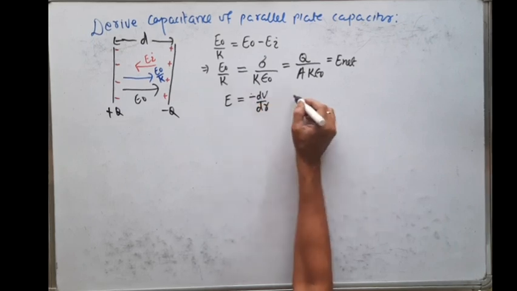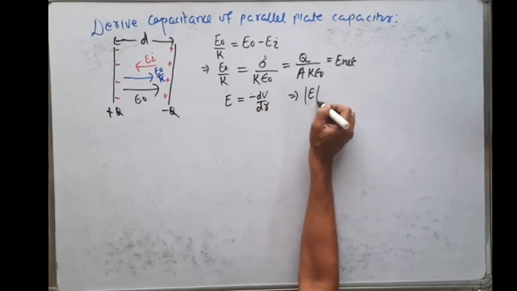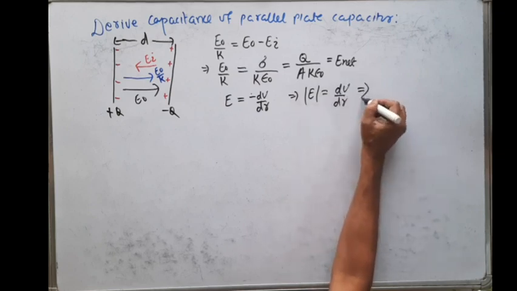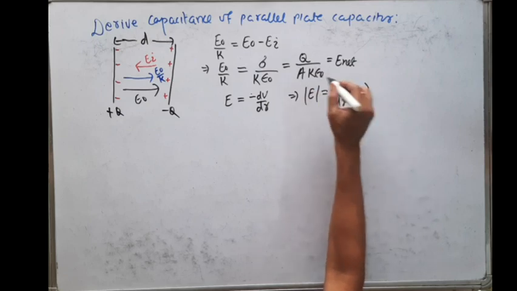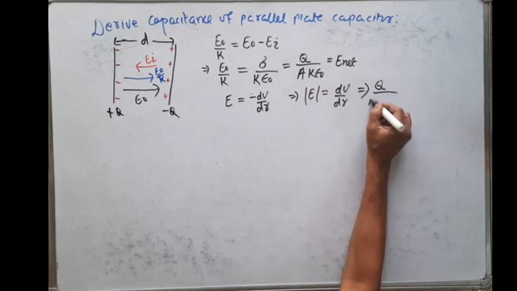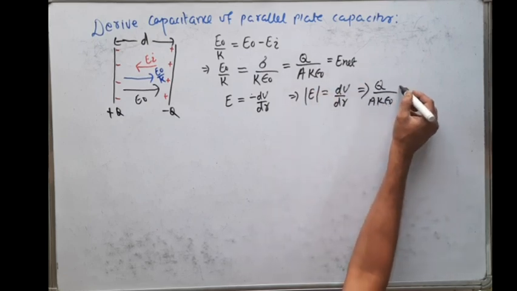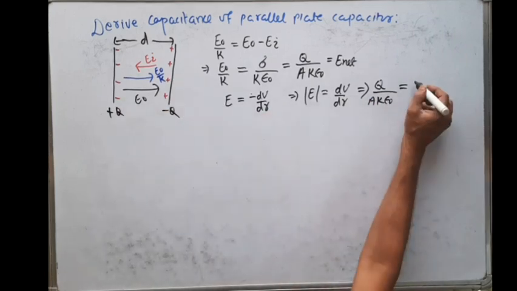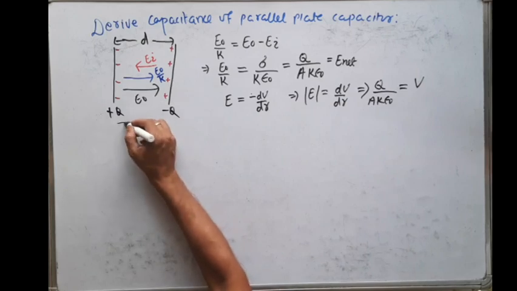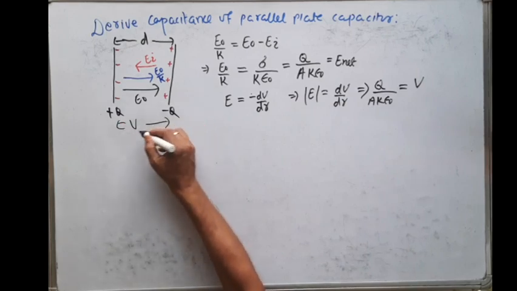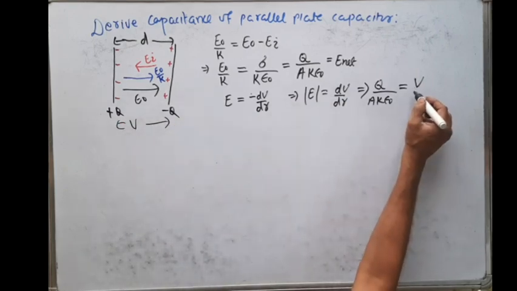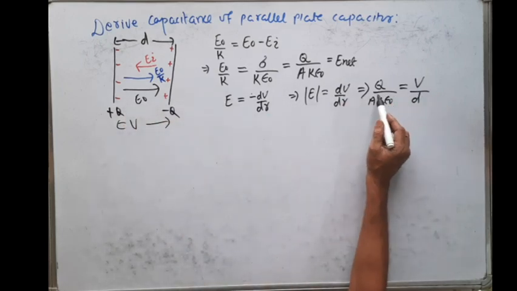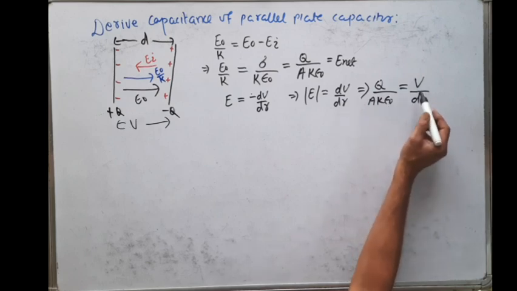But the magnitude of the electric field intensity is nothing but dV by dr. So here the net electric field intensity is Q by A K epsilon naught. And V is the potential difference between the two plates, divided by the distance of separation d. So I can write the net electric field intensity is equal to V by d.